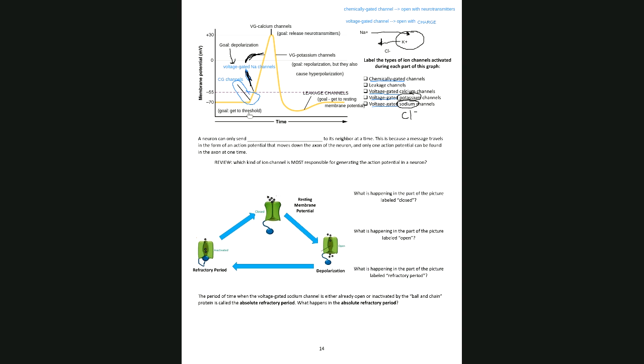If I happen to be receiving a message that's inhibitory, that's not going to help me get to threshold. So my chemically gated channels in general, their goal would be to get it to threshold, but chemically gated channels do also receive messages that make it go away from threshold too. So keep that in mind when you're thinking about those chemically gated channels.